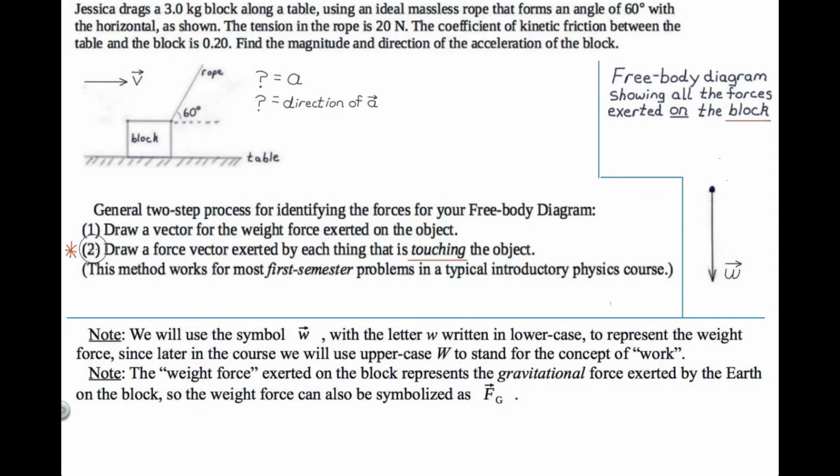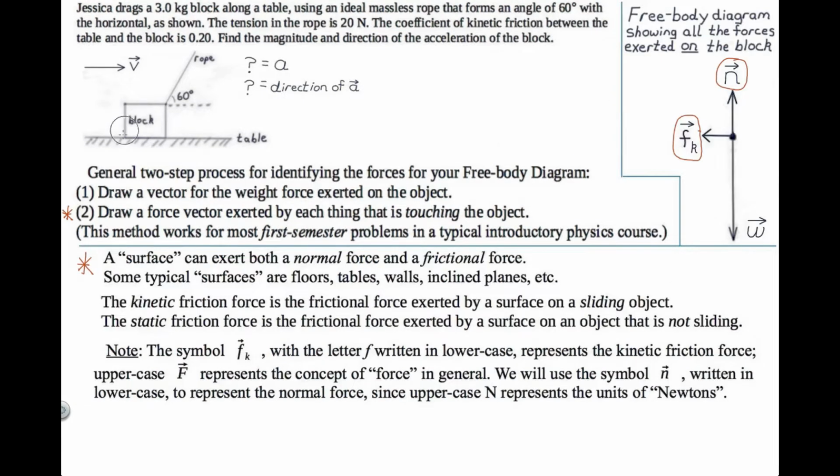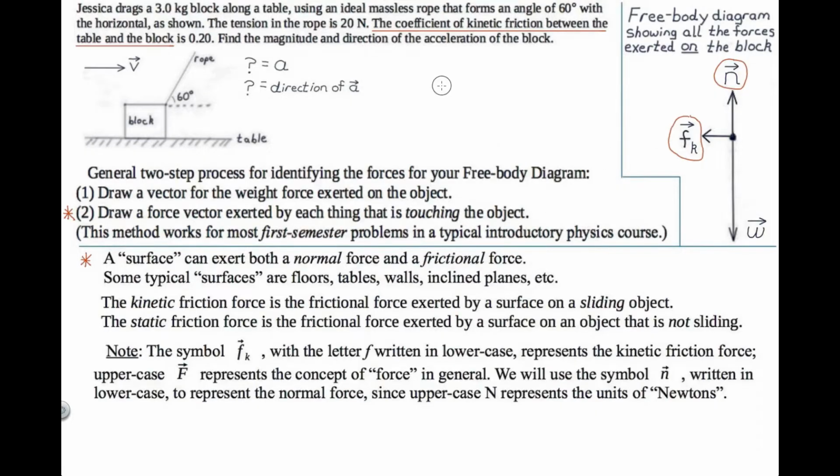Next, we systematically ask what is touching the object. For this problem, we ask what is touching the block. The block is being touched by the table. The table is treated as a surface. A surface can exert both a normal force and a frictional force. The problem confirms that there is friction between the table and the block.